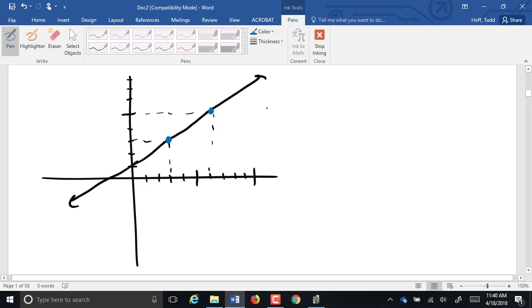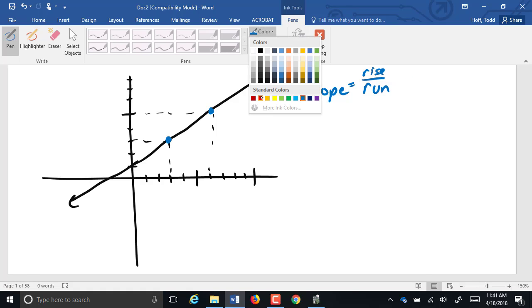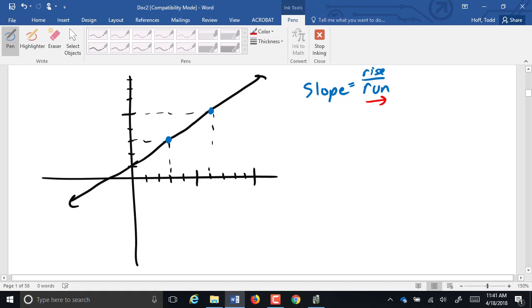The slope, again, being a rise over a run, and we know that the run always goes left to right. So we're going to work left to right on these points as well. The leftmost point is this one here. So to get to the other point, we actually have to rise.